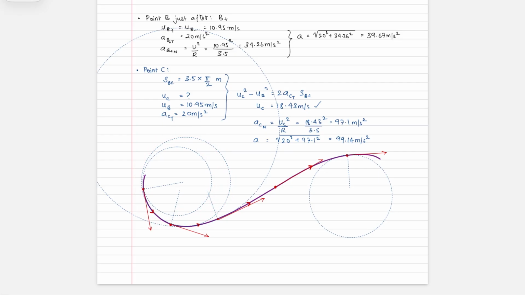If you have a way of obtaining the net acceleration, then that acceleration is composed of the tangential component and the normal component. And if you know the velocity, then the normal component of acceleration is going to be v squared by r, right? So a_n being equal to v squared by r gives you the normal component, wherein this here is the radius of curvature.